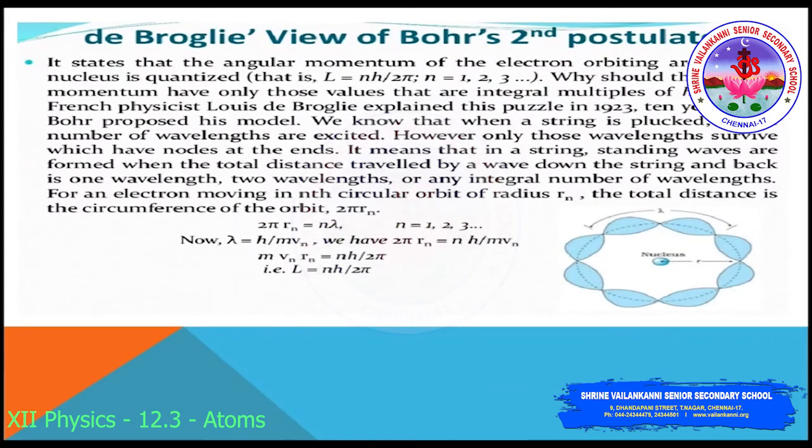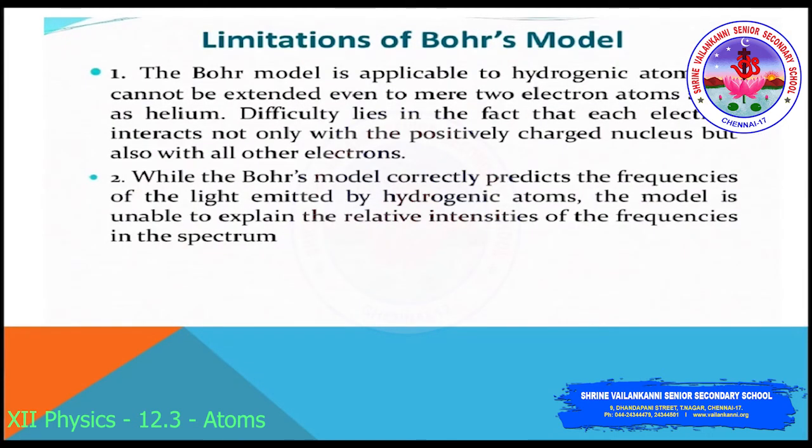Got it? Now, what are the limitations of Bohr's atom model? As already said, the Bohr model is applicable only to hydrogenic atoms, because it cannot explain even atoms with two or more electrons, like helium.